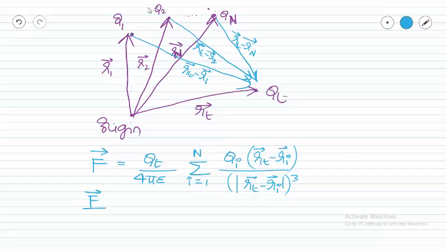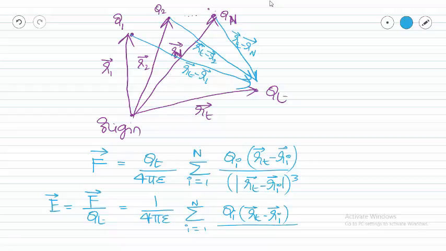So F bar by Qt gives me the electric field intensity due to n number of charges, which is equal to 1 by 4 pi epsilon, sigma i equal to 1 to n, Qi into RT bar minus Ri bar divided by magnitude of RT bar minus Ri bar whole cube.